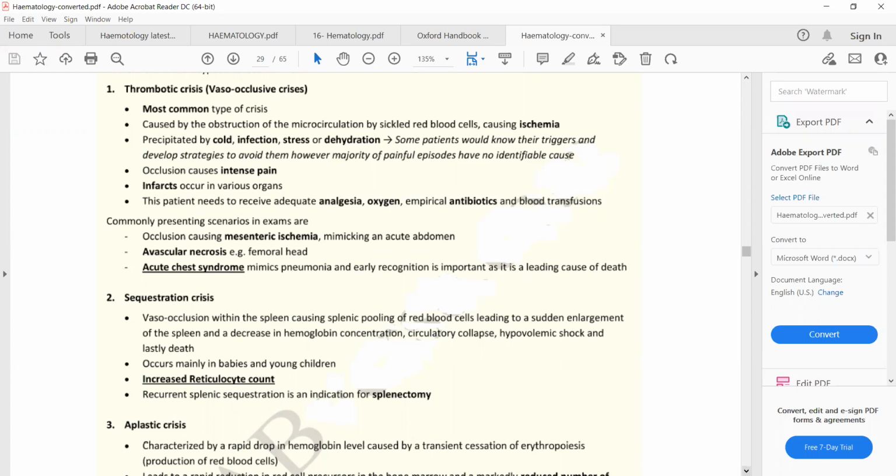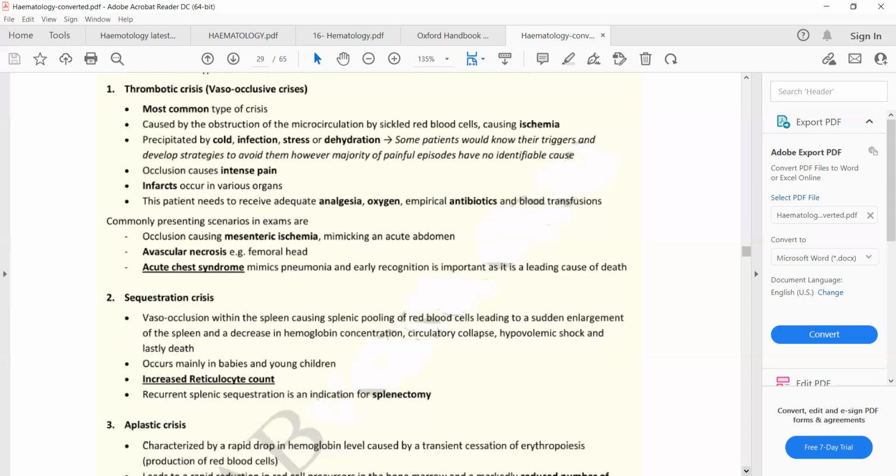So all the blood is pooled inside the spleen due to blockage of these blood vessels. What will happen if there is pooling of blood in the spleen? Blood will become unavailable to general circulation. So a decrease in hemoglobin concentration, circulatory collapse or hypovolemic shock, and death may also occur.